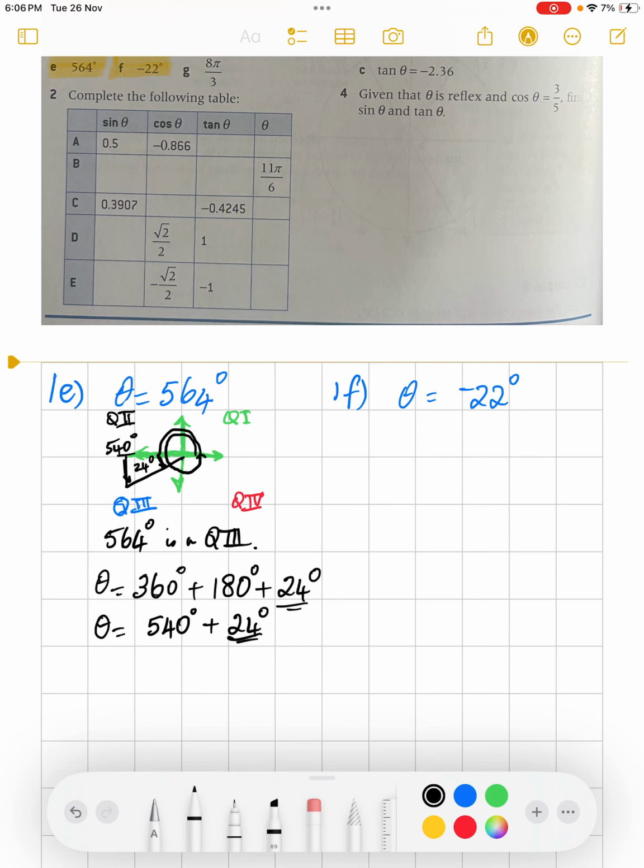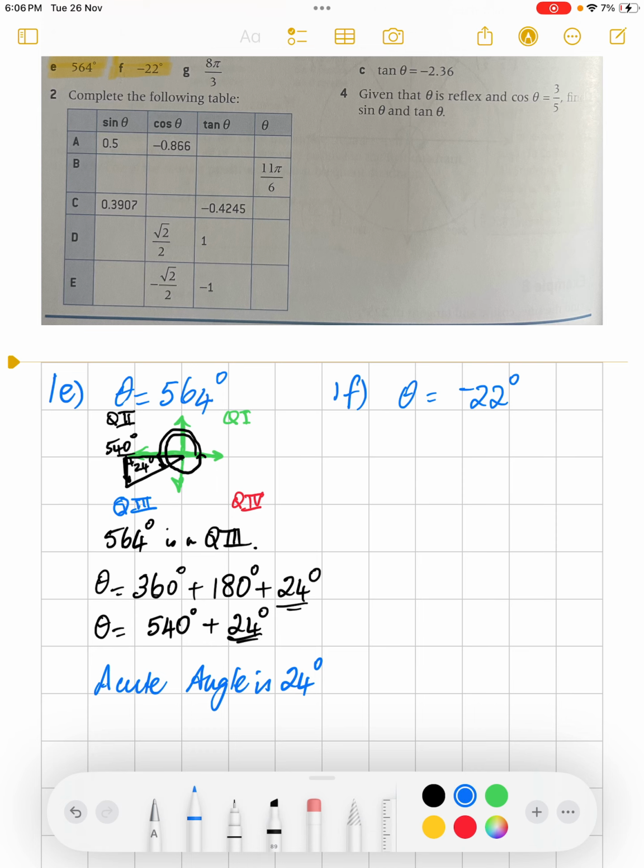The acute angle is what you get when you take the angle to the x-axis, and because it's 540 plus 24, it's a 24 degree acute angle. That'll come in very important later when we're dealing with angles. It's always good to know how to calculate the acute angle of any angle. Always the angle to the x-axis.